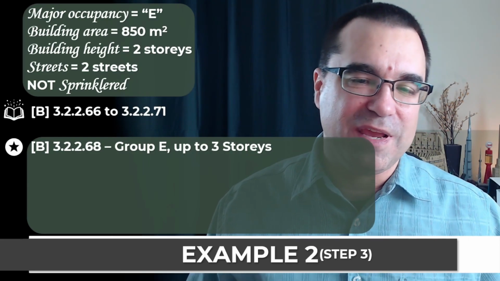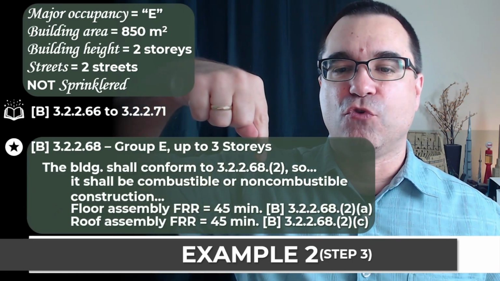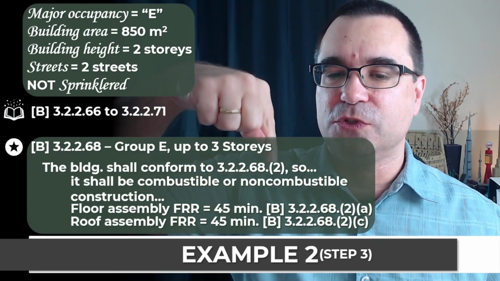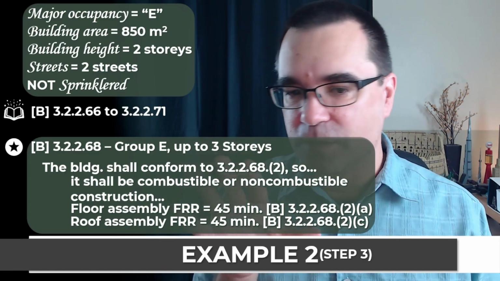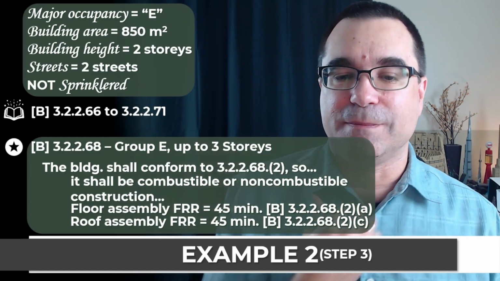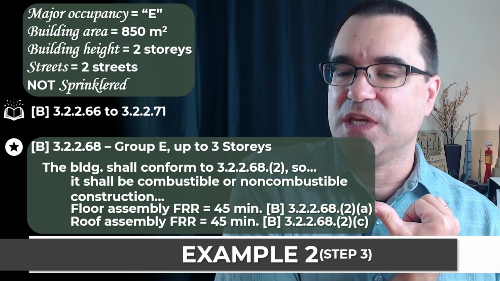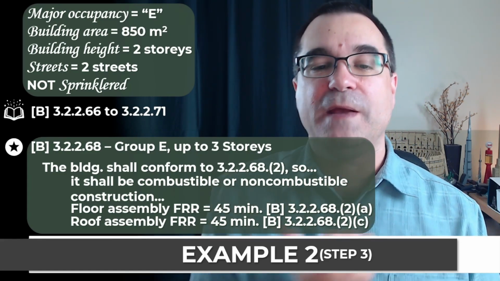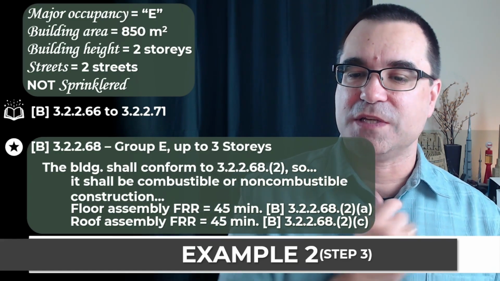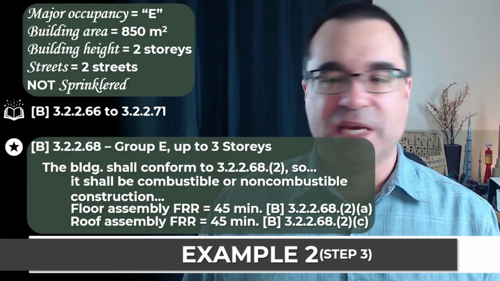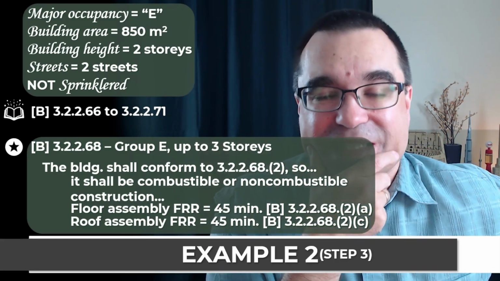And what that article contains is that the building characteristics in question have to conform with sentence 2, so 3.2.2.68.2, so that building can either be combustible or non-combustible construction, and the floor assembly of that building must have a fire resistance rating of 45 minutes according to Clause 3.2.2.68.2a, and the roof assembly must have a fire resistance rating of 45 minutes according to Clause 3.2.2.68.2c. That's it. And I say that's it easily, but what we did is we basically did 2 examples.